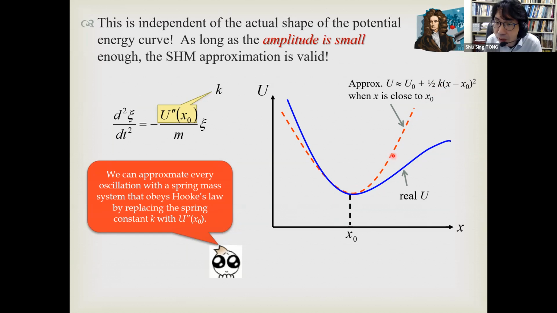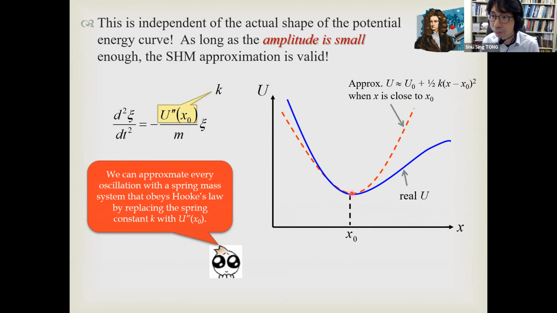So I can now use the red dashed curve to approximate the blue curve when I'm getting very close to the equilibrium position. So that is the meaning of this. My K is just U double prime at x naught.